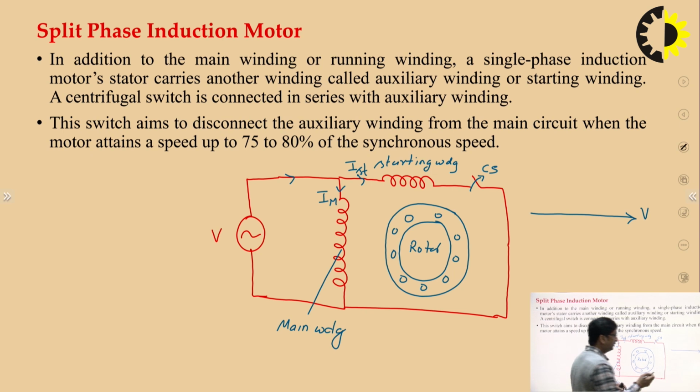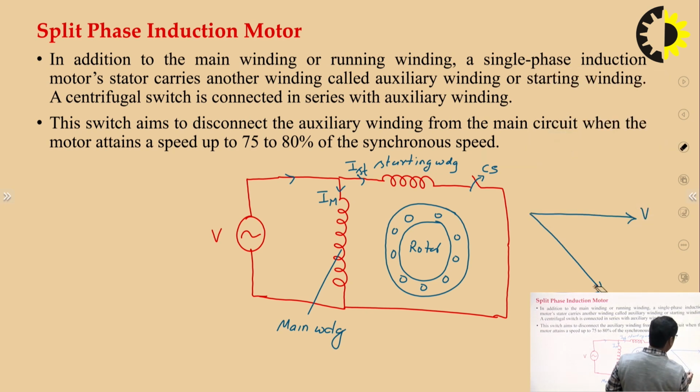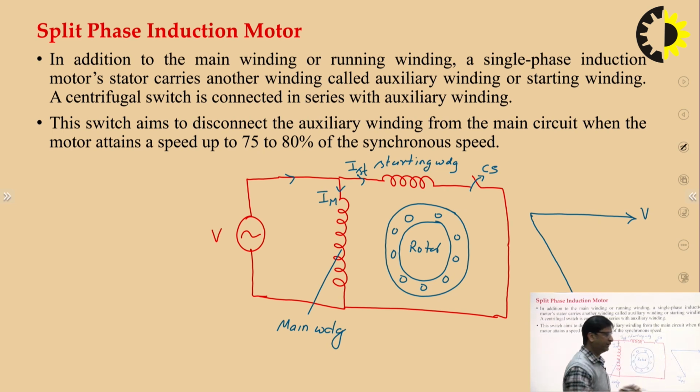So the angle between the voltage and the main winding current is quite large because this is the inductive winding.